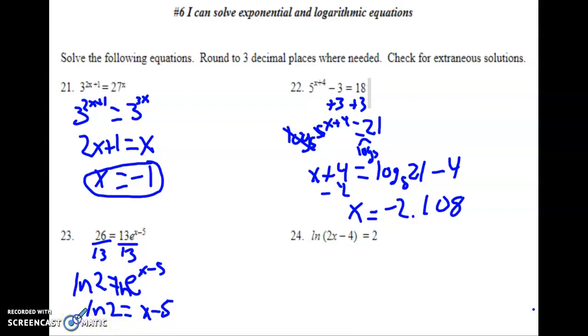And when I do that, I end up with natural log of 2 plus 5 is what x is equal to. Now, you grab a calculator, you put natural log of 2 plus 5 in, and you get x equals 5.693.